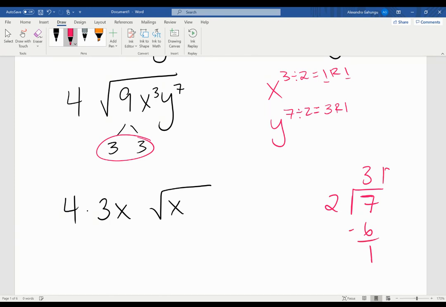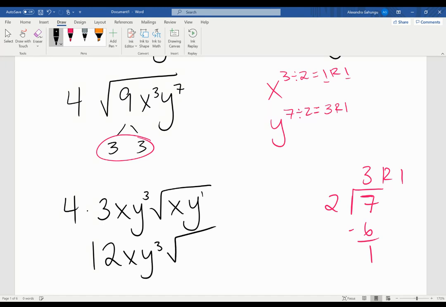And I'm left, I have a remainder of 1. That's what I'm doing every time. So that means I have 3 y's on the outside, 1 remaining on the inside. So my final answer is going to be 12 x y cubed square root of x y.